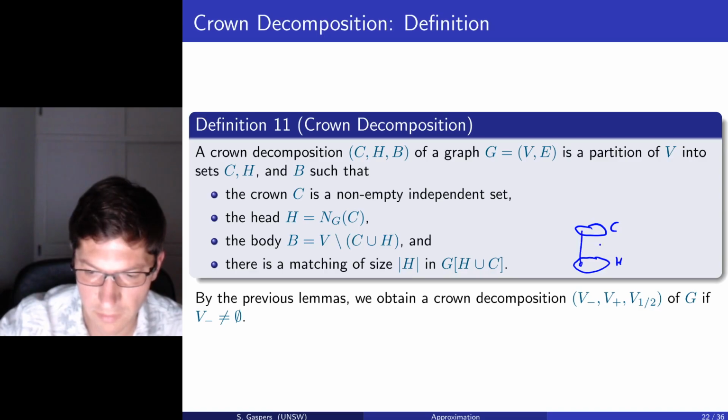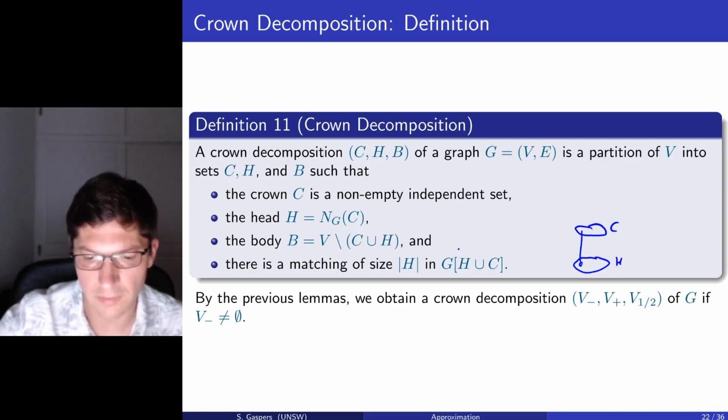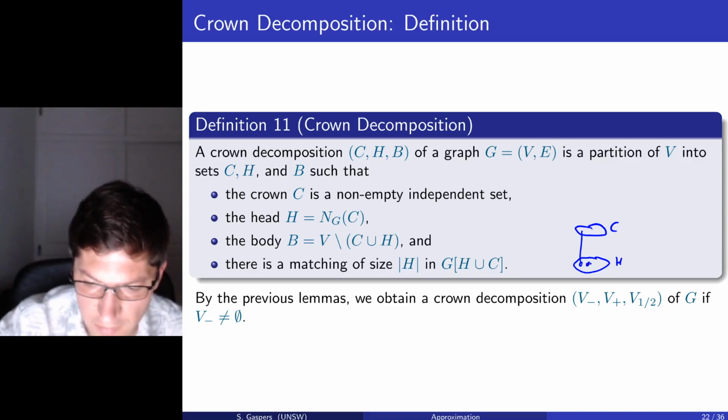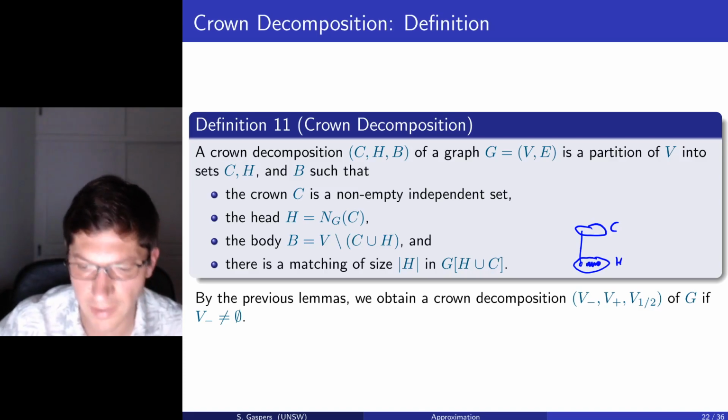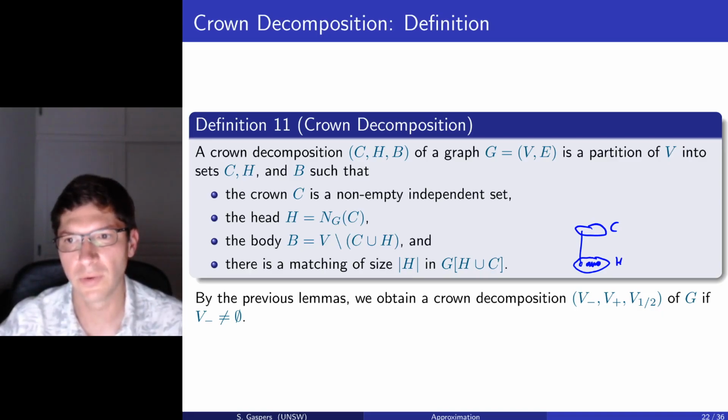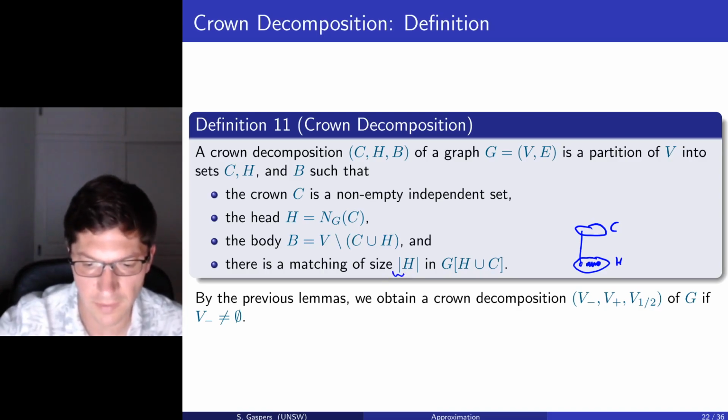The definition here doesn't directly restrict that the matching cannot contain edges inside the head, but this is implicit because the Quown is an independent set. If there was an edge of the matching inside H, inside the head, then we would not meet the size restriction here.